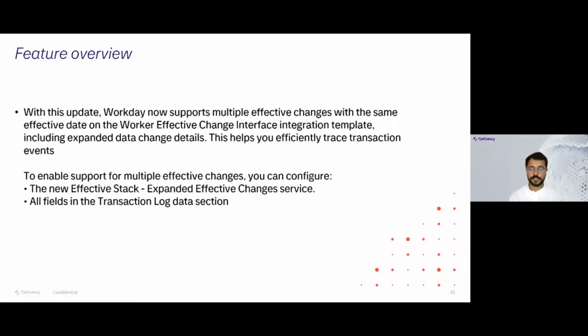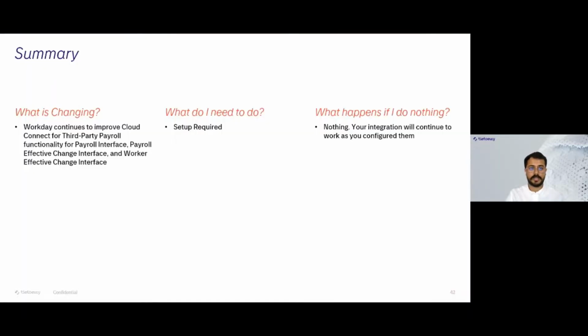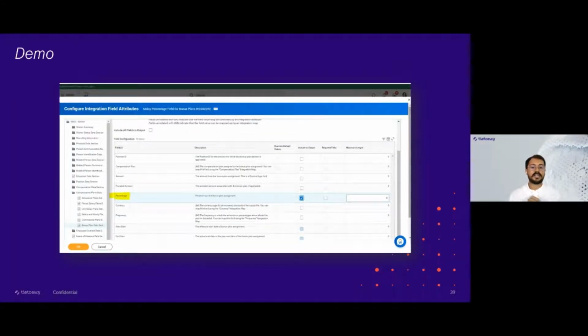Okay, this is actually a very good question. While I was going through this feature, I also had different types of questions about what exactly will happen. I will give the detailed answer for this, but for now, I can tell you why we have that particular feature. Suppose we are selecting the percentage for bonus plans and we are launching for a very large number of employees, sometimes our integration takes a lot more time than expected.